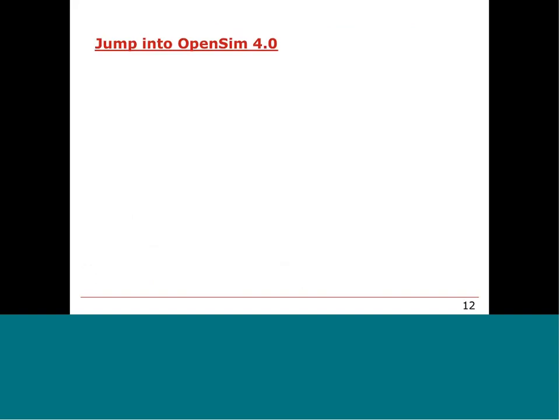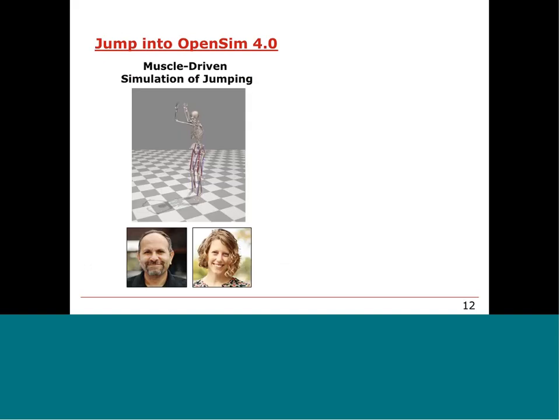Okay, so let's jump into OpenSim 4.0. Just one more slide before we do that. So to tell you what's coming, first we will generate and analyze a muscle-driven simulation of a vertical jump with a counter movement. So we'll be using a simplified model of the musculoskeletal system with 18 muscles and 10 degrees of freedom.